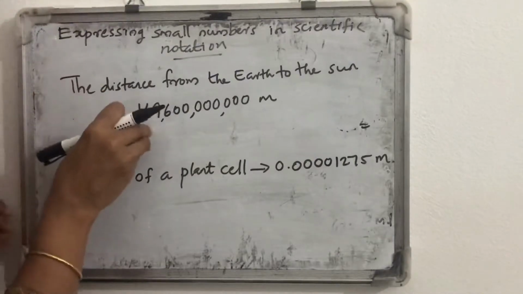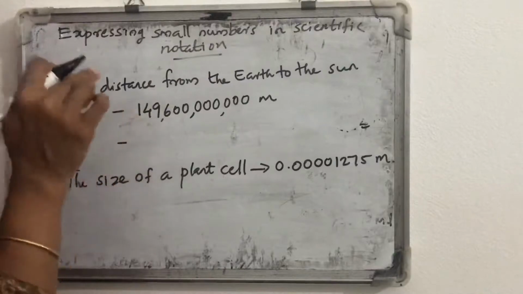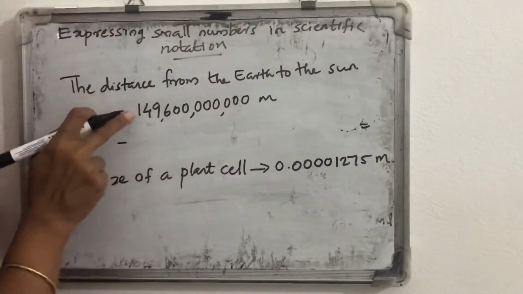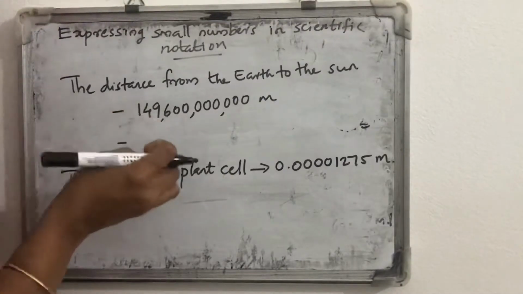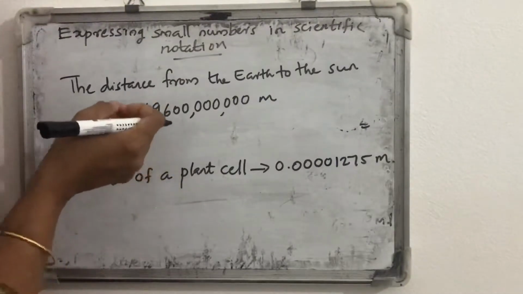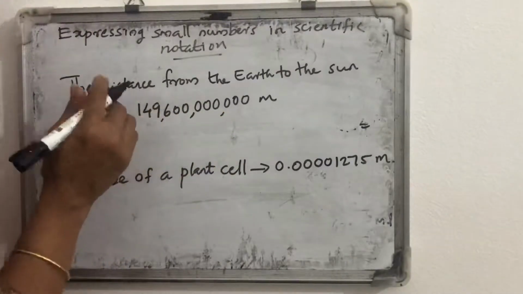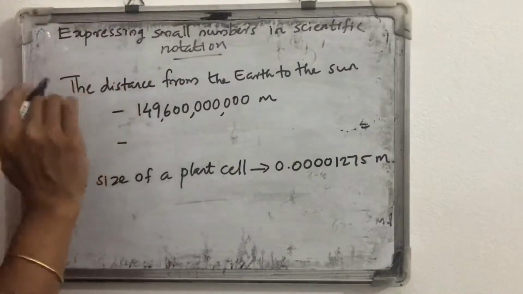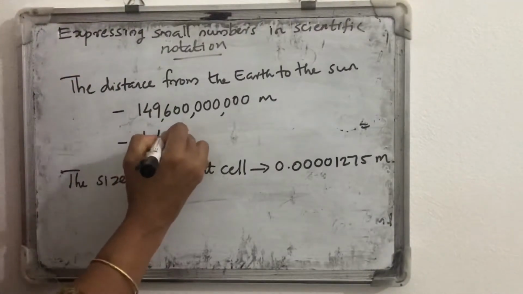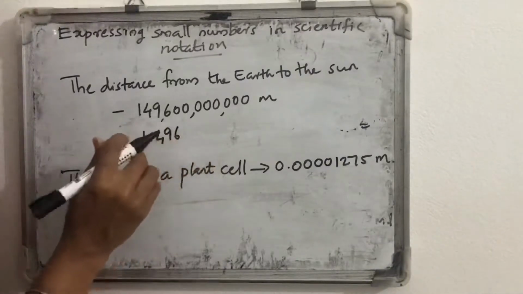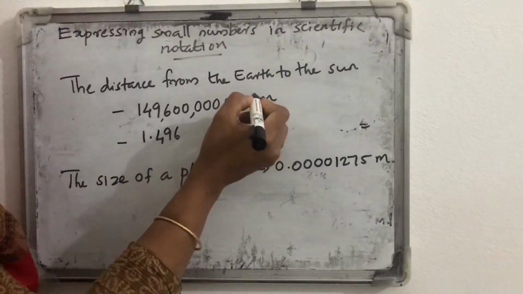First we want a decimal number between 1 and 10, so we read it as 1.4. The number should be between 1 and 10, so we place the decimal point here, 1.496. Actually, when we write this number, where is the decimal point?